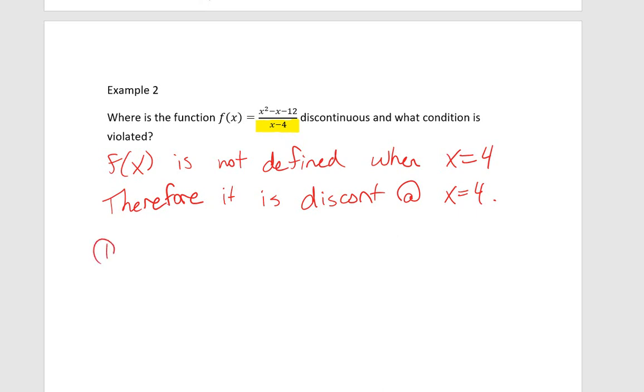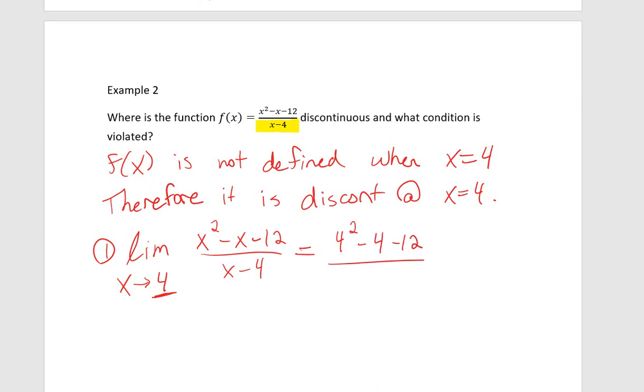First, let's see if the limit as x approaches 4 actually exists. Remember, when we're evaluating a limit, the first thing we want to do is plug that value in. That would be 4 squared minus 4 minus 12, divided by 4 minus 4.